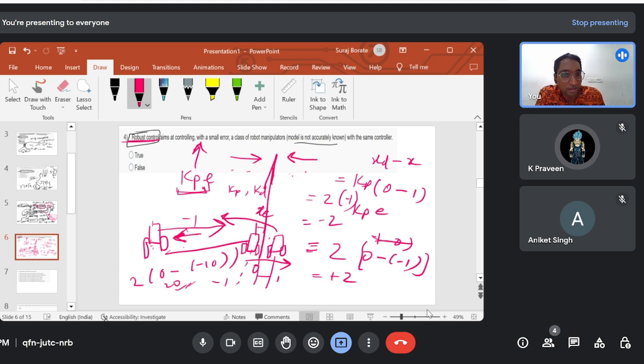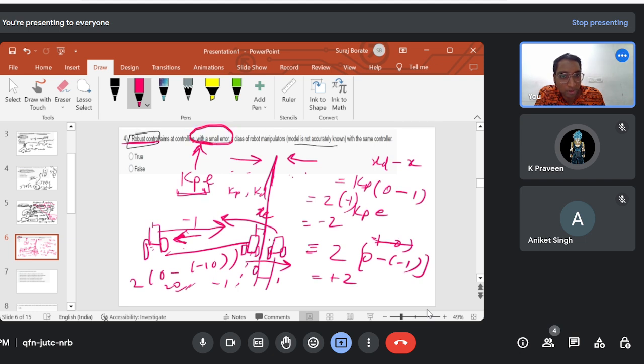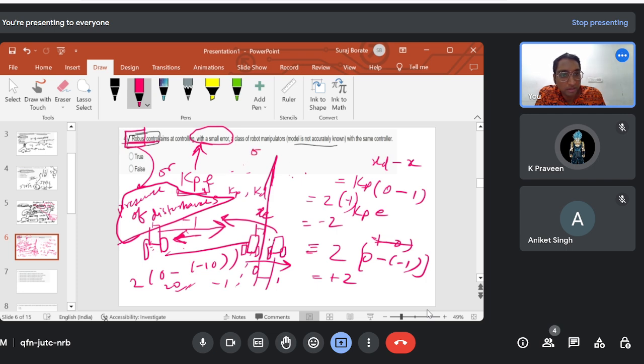That is why we need robust control, with a small error. The word robust means that even in the presence of disturbances or changes in robot parameters.